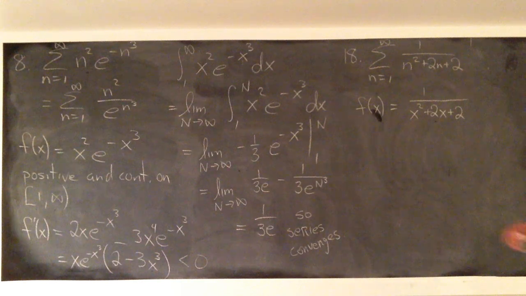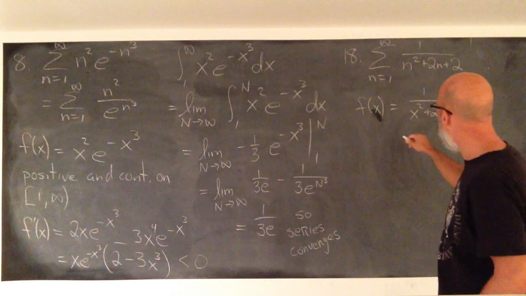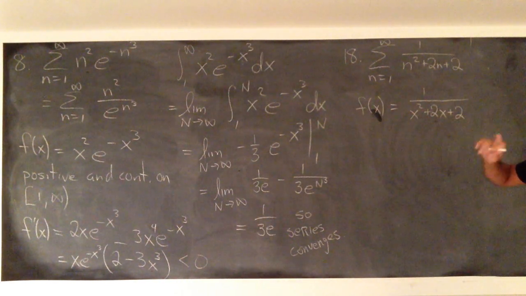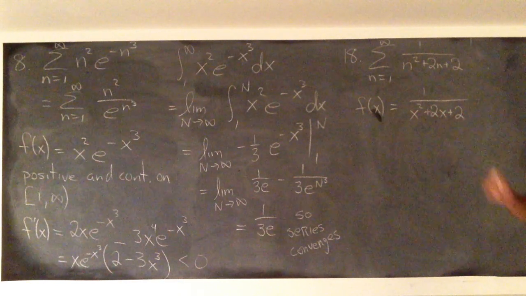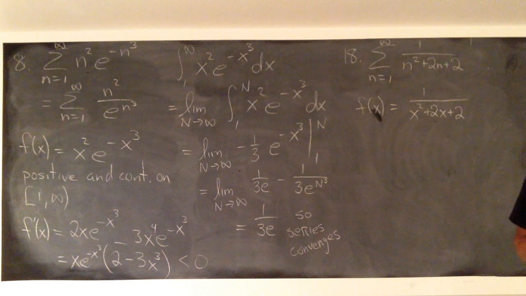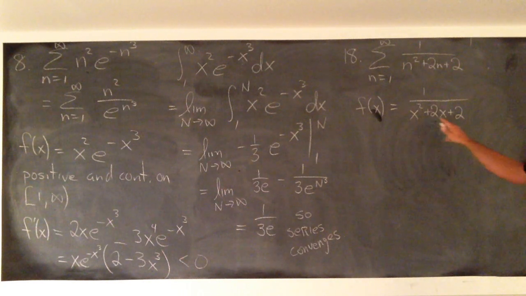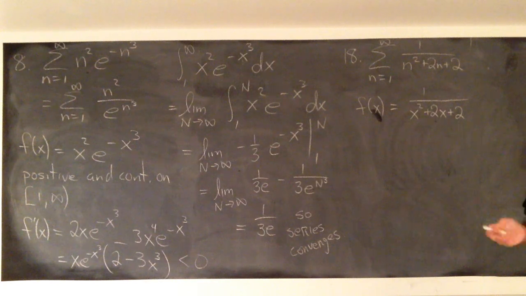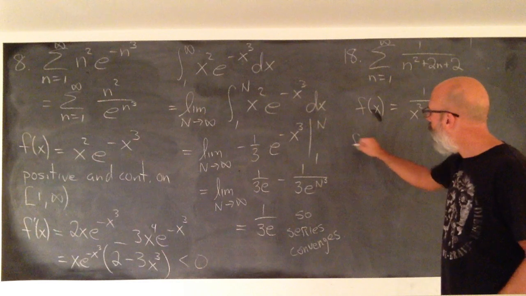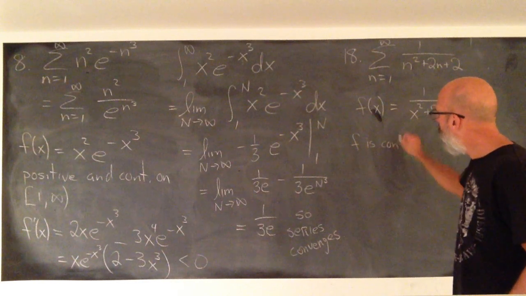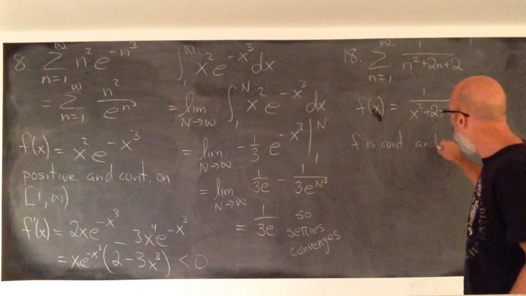So this polynomial in the denominator is either always positive or always negative, and at 0 it's 2. So it's always positive.